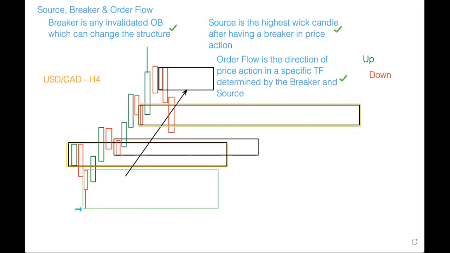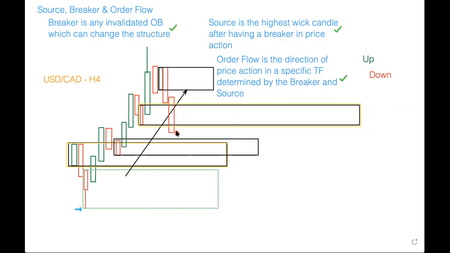That's why I will make it yellow as the color code in quality FX trading. Any color, doesn't matter. It's a breaker now, because the last bullish order block has been invalidated by this candlestick and it closed below that.